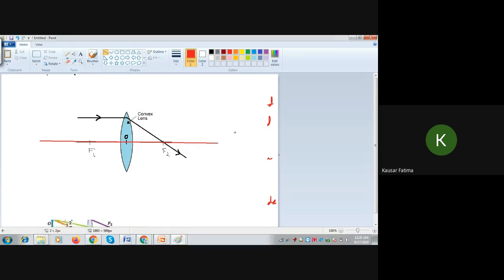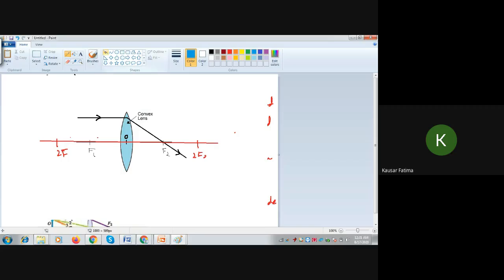This is F1 and this is 2F1 at the same distance. This 4 centimeter is 4 centimeter. F2 will also be 4 centimeter. Now we are placing the object at 2F.